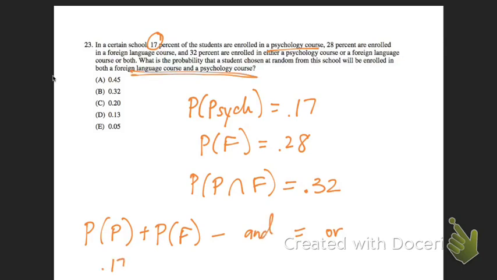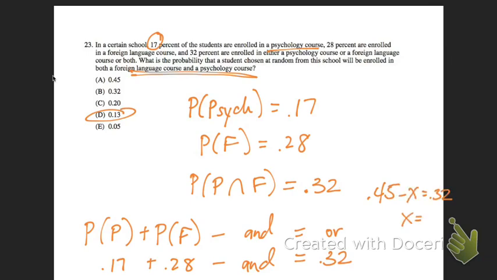So I'm going to do 0.17 plus 0.28 minus the 'and', or minus x, equals 0.32. And you end up getting 0.13, I think. Because this combines to be 0.45 minus x equals 0.32, so x equals 0.13.